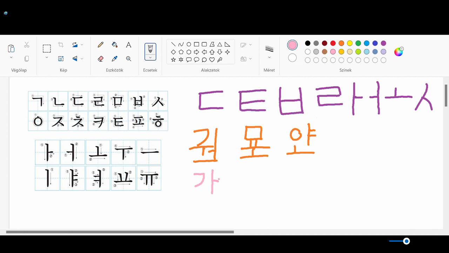And as a third important thing, after a vowel, one or two consonants can follow. In the examples, I write two consonants because it's not that often.